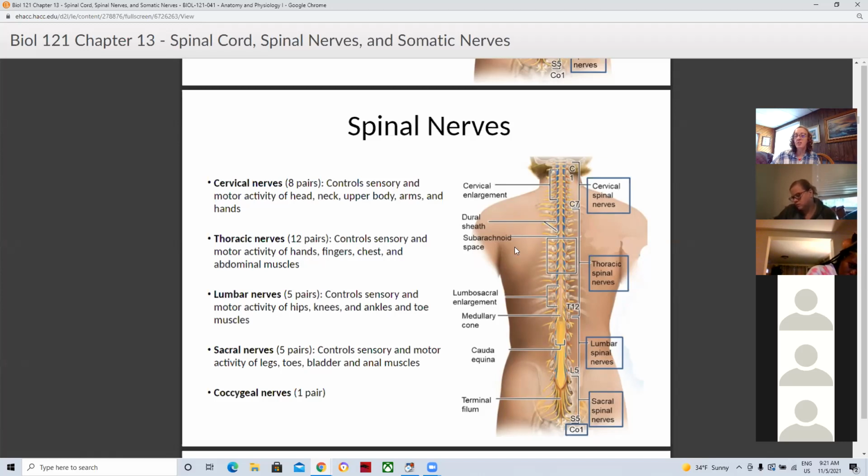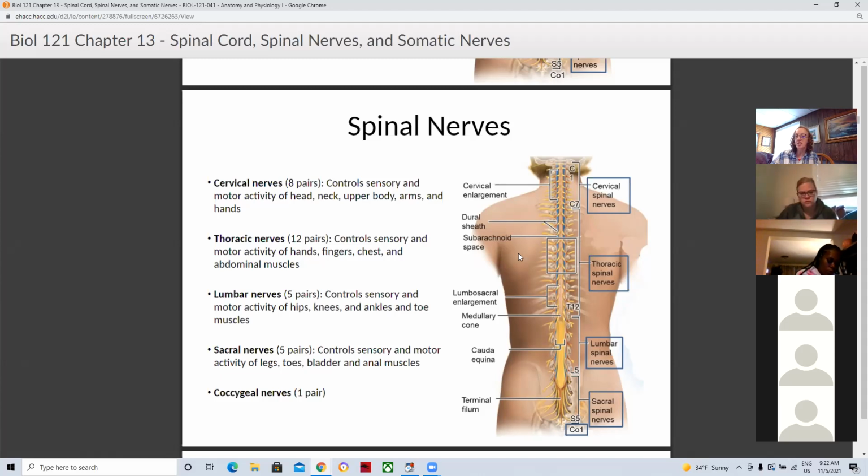The thoracic nerves, 12 pairs, control the sensory and motor activity of the hands, the fingers, the chest, and the abdominal muscles. Lumbar nerves, there's 5 pairs.